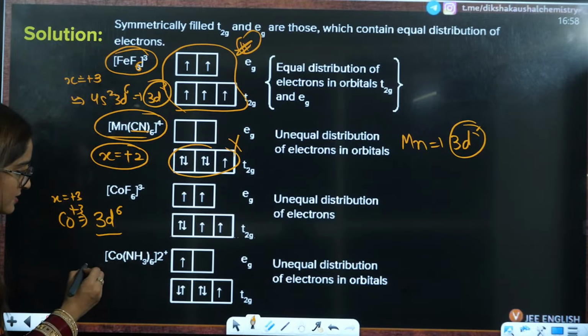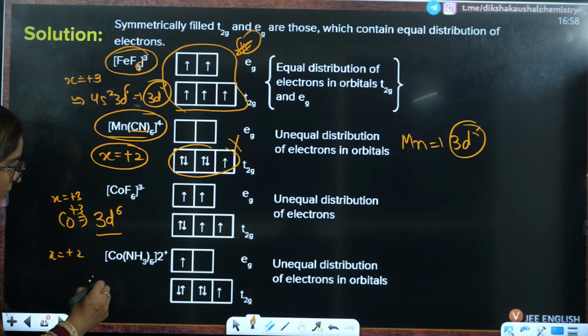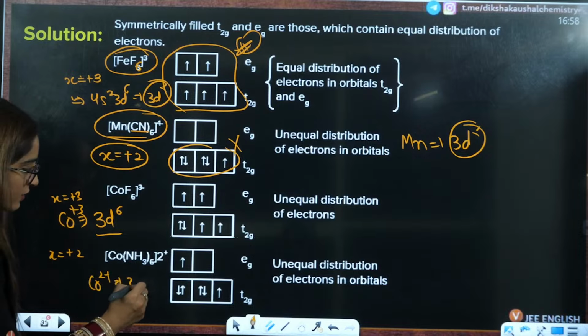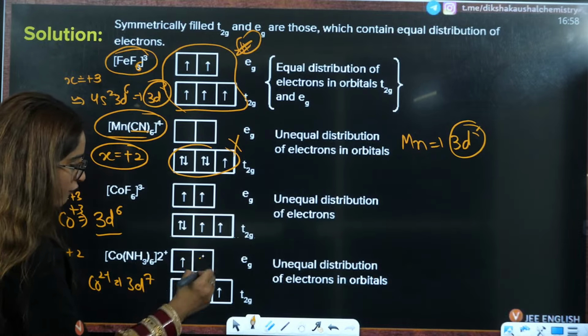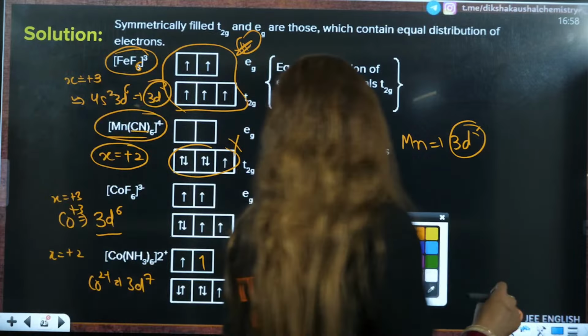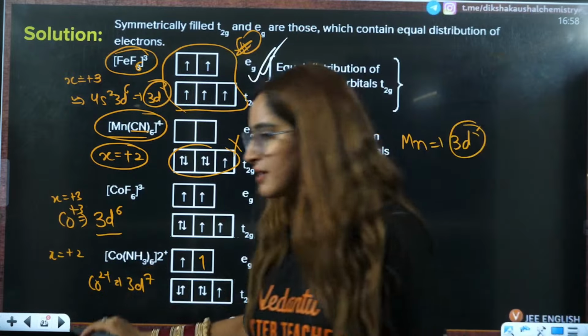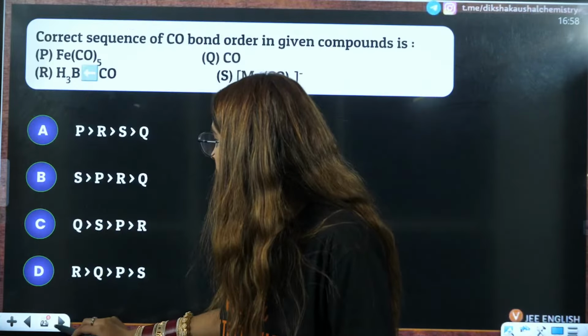Here X equals 6, it is +2. So cobalt +2 is nothing but 3d7. So it is going to be 1, 2, 3, 4, 5, 1, 2. Again, it is not symmetrically filled. Only this one is symmetrically filled. So the answer is going to be A.